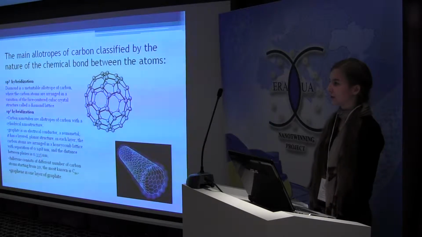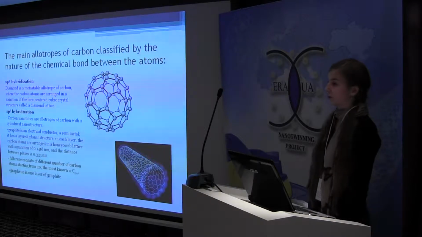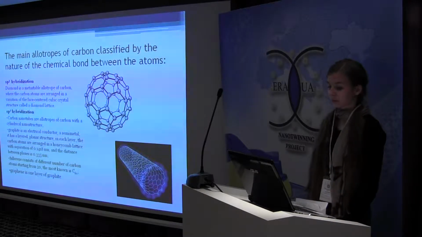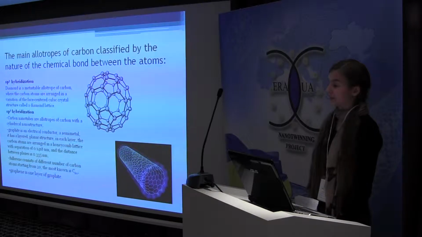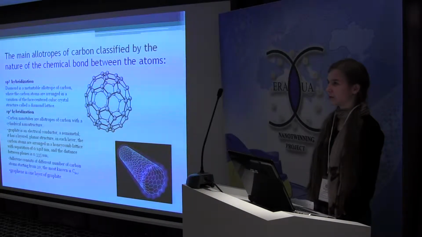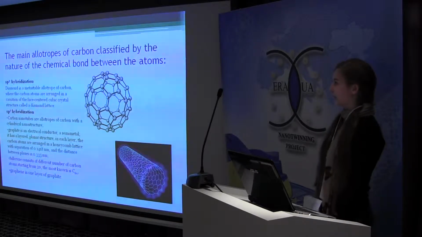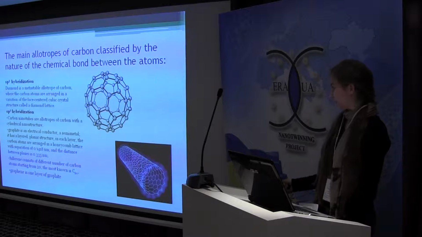Fullerene consists of different numbers of carbon atoms, starting from 20. The most known is C60, also called Buckminster fullerene. Graphene is one layer of graphite.